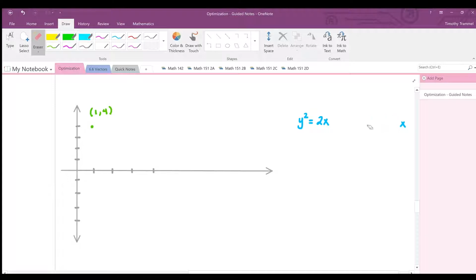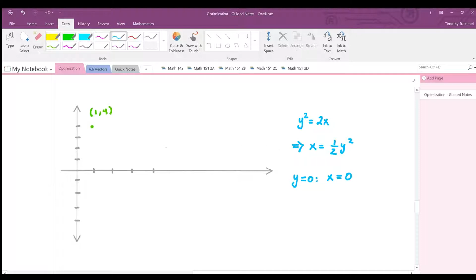Or, as an alternative, you can actually solve this for x instead. We could say x equals 1/2 y squared. And rather than plugging in x values, we could plug in y values. For instance, if you were to say let y equals 0, then x would be equal to 0, right?